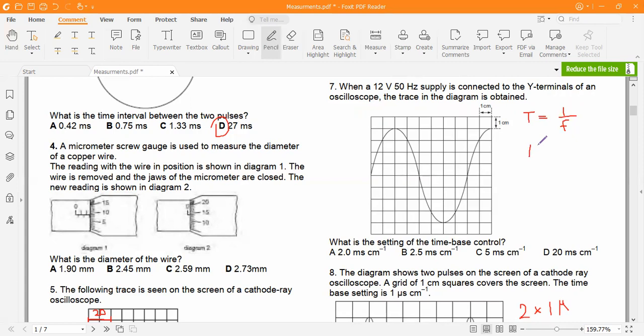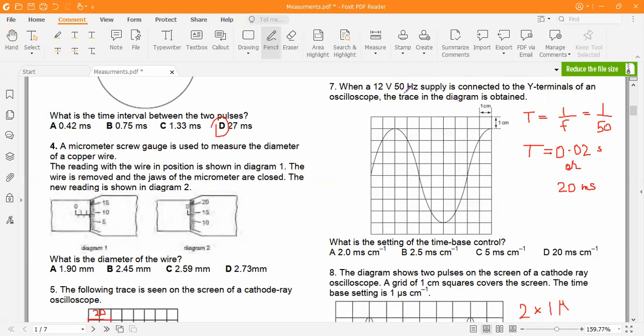So t is equal to 1 by 50, because frequency is 50. This will be equal to 0.02 seconds, or 20 milliseconds. This is the time period. So 20 milliseconds.